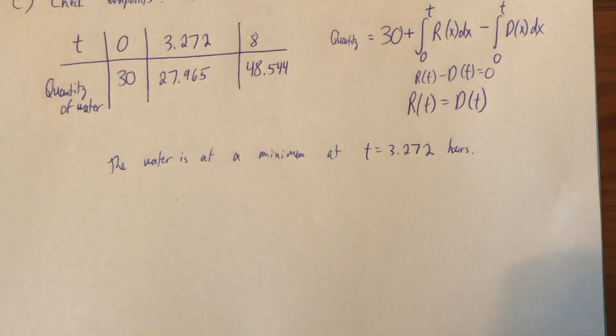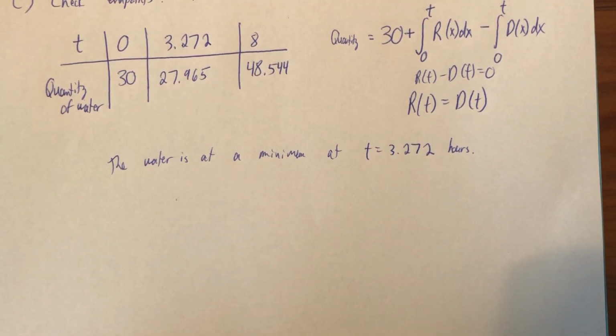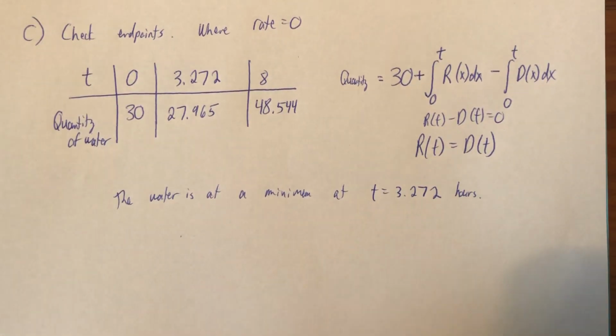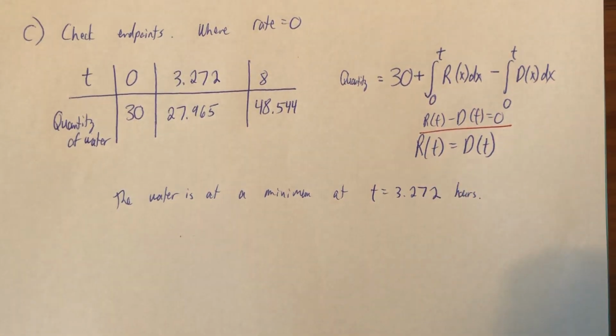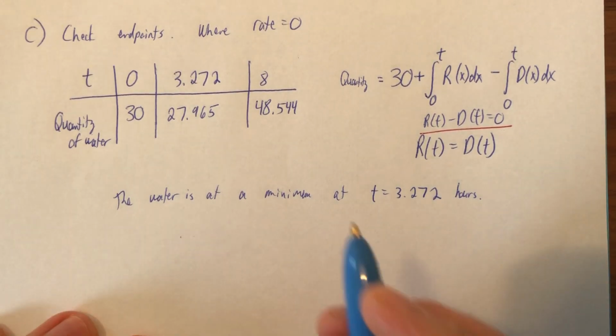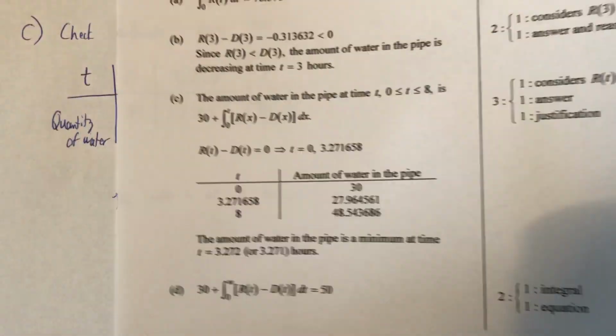Okay. Have we justified our answer? I believe through the process of our work, we have, because we have considered this. That's worth a point. Our answer is a point, and then the justification is a point. Let me show you what they put.